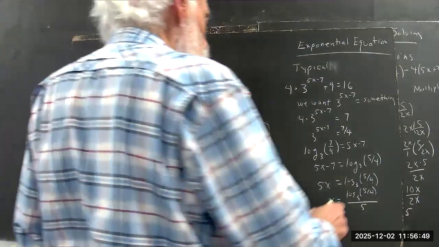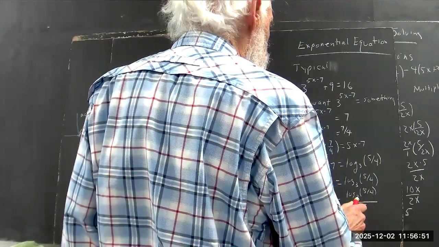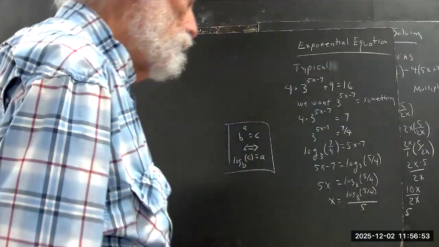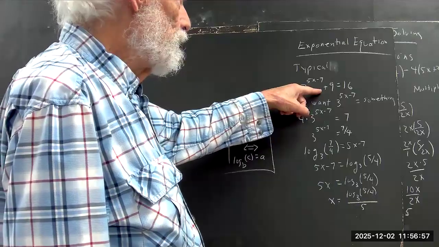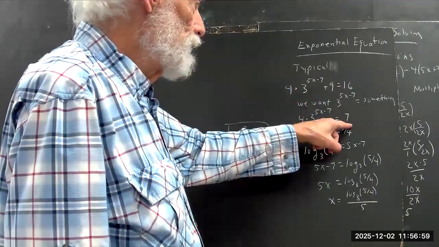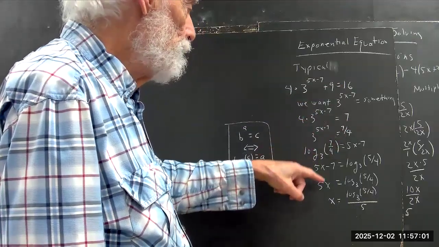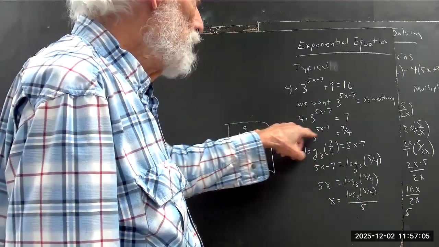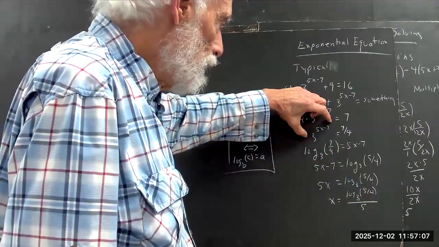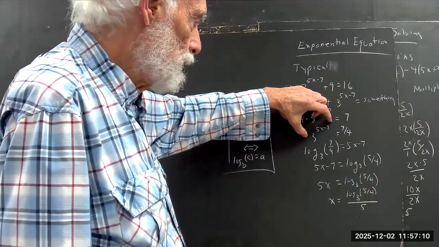Okay, so we get it down to the form very easily. Again, all I've done with this equation is I've subtracted 9 from both sides, leaving me 7 on this side. And then I've divided both sides by 4, which gives me 7/4 on this side. And now I've got that equal to 3 to the 5x minus 7.